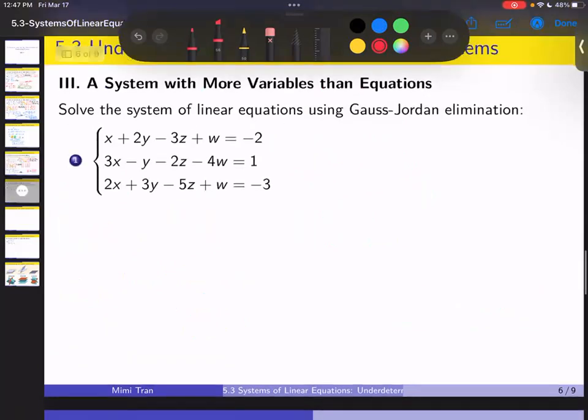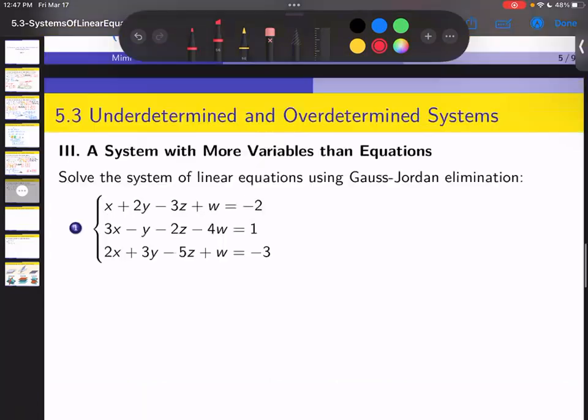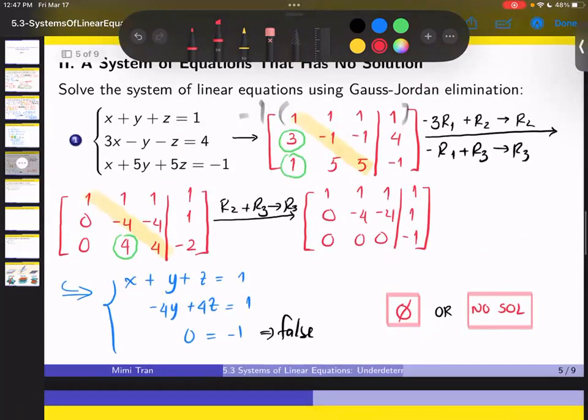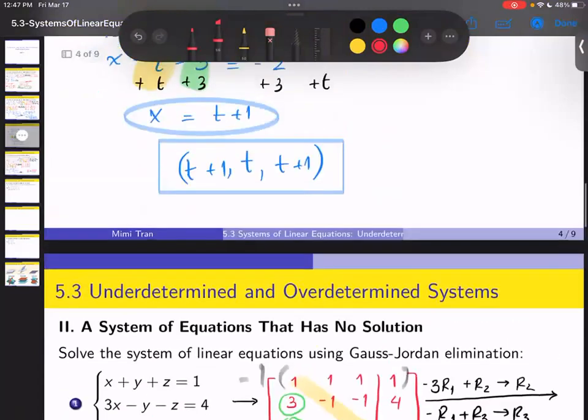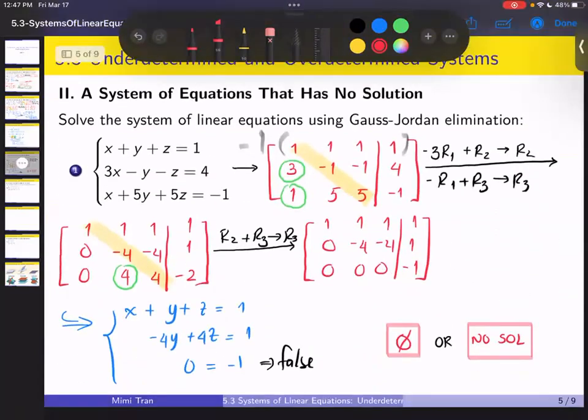I want you to try this. Oh, you know, I'll do this with you. Ooh, this is 4 variables. Oh, yeah, sure. This one. Yeah, I just want to see the second row after.